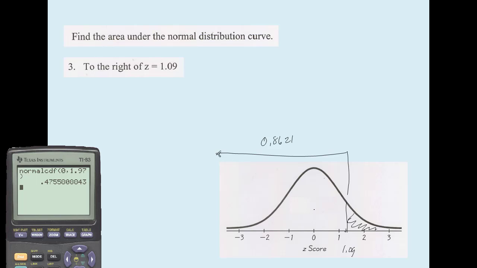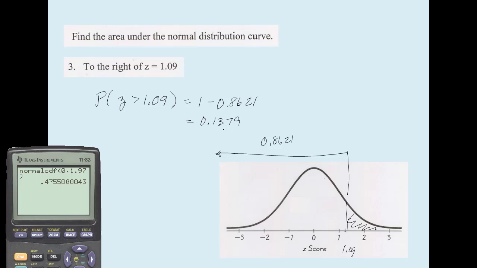But I want to find the area to the right. So the probability that z is greater than 1.09 is going to be equal to 1 minus 0.8621. All right, so if I do that, I get 0.1379.